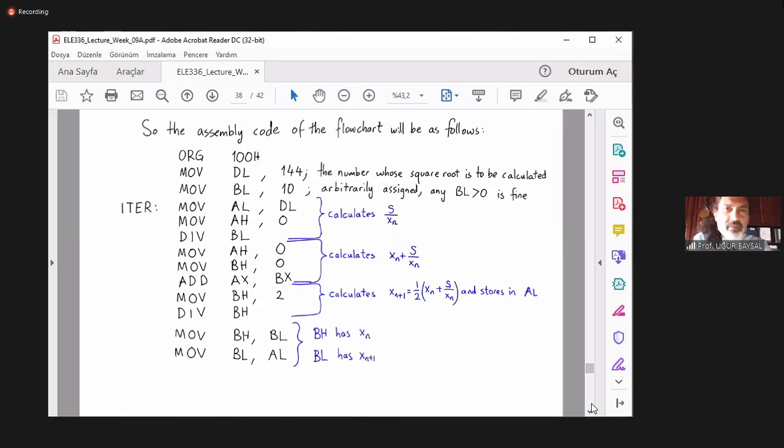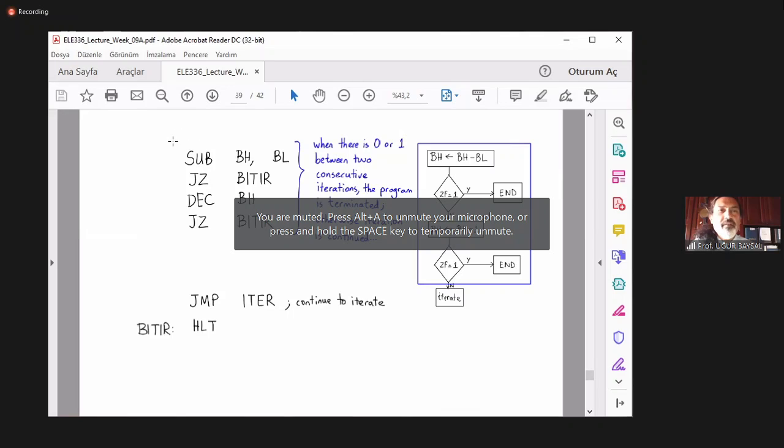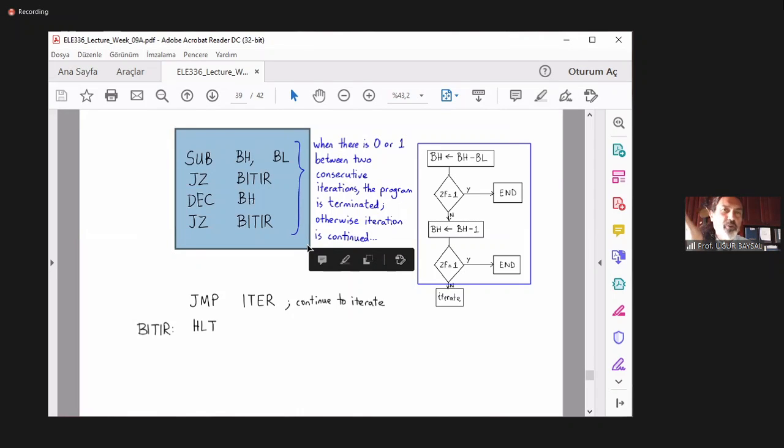So the assembly code of the flowchart will be as follows. It's just writing the required code for each little box in the flowchart. The commands are written in mathematical language here. These 3 lines calculate these parameters and iterations, etc. And these are the end of the code statements.